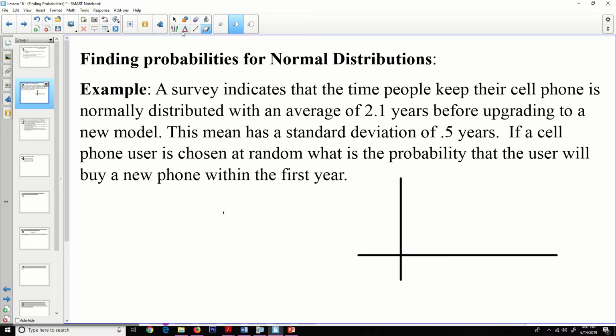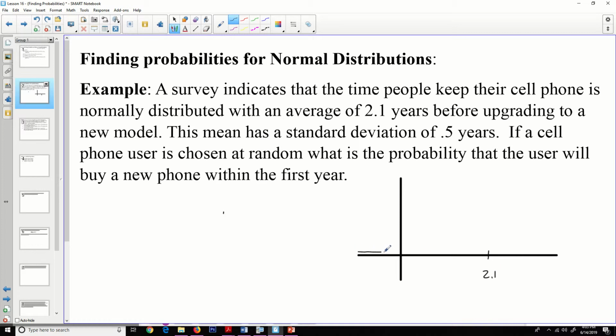All right, so in the last lesson, we talked about the standard normal curve. And it had its mean at 0, and it had a standard deviation of 1. Now we are talking about a new curve where its average is not at 0, but at 2.1.